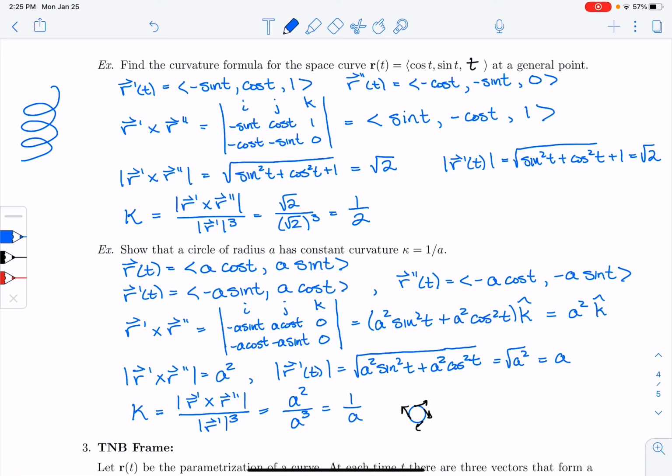But if we have a large circle, well, then the tangent vector is going to change a lot more slowly as we move around the circle. So the larger the circle, the less curvature that we have.